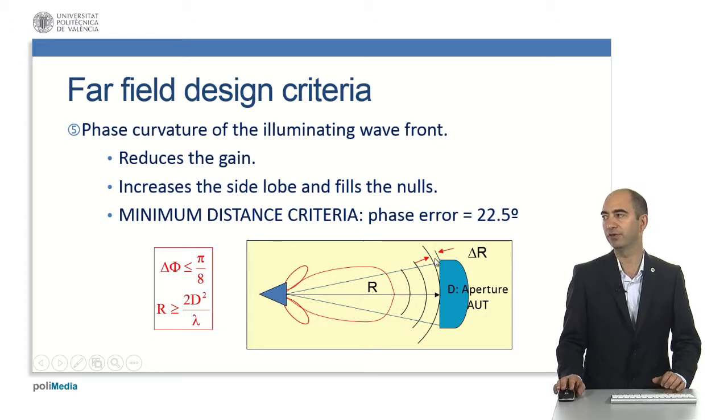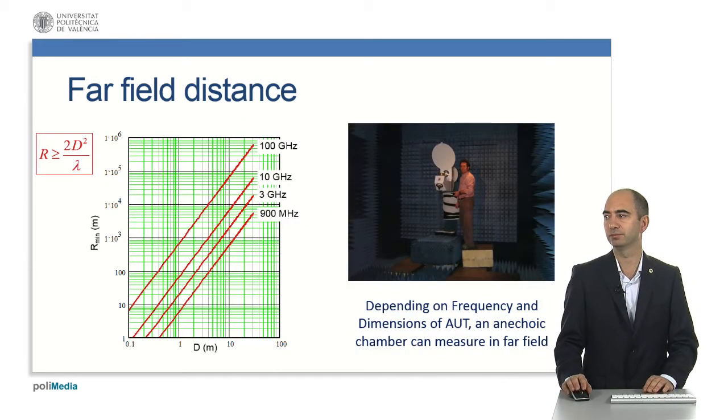Normally, the far field criterion says that the maximum phase error you can have in the worst point in this area is 22.5 degrees, or pi divided by 8. And this is obtained when the radial distance accomplishes this equation, 2d squared divided by the wavelength. And this used to be the main parameter in indoor and outdoor far field ranges.